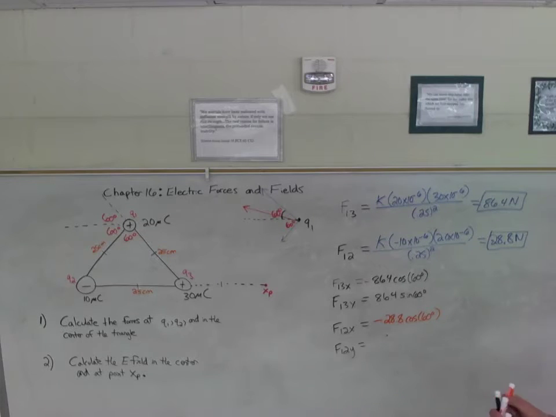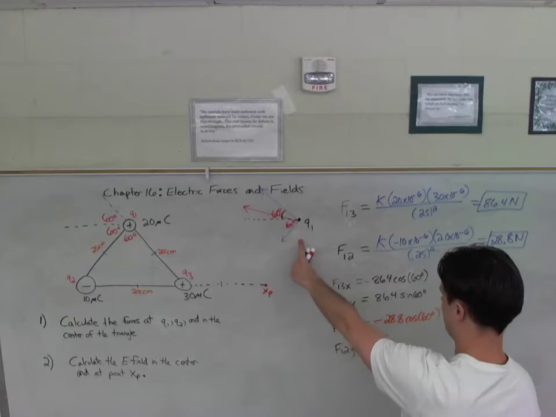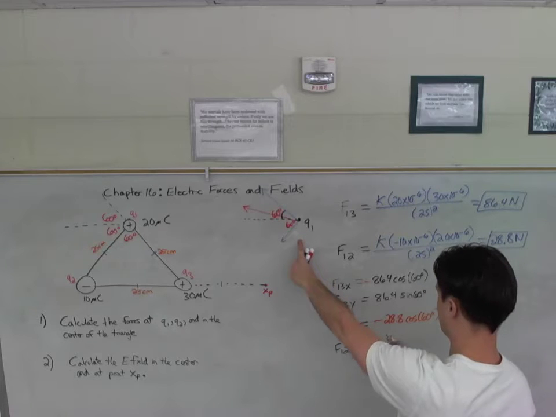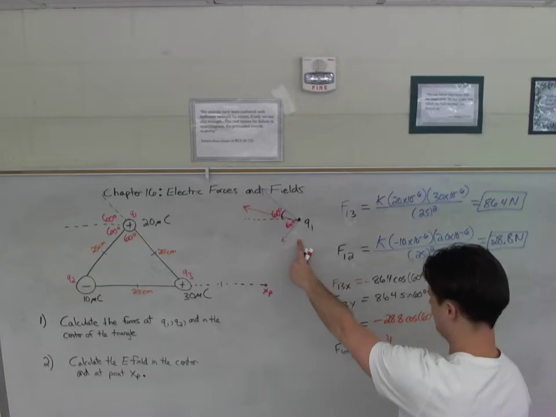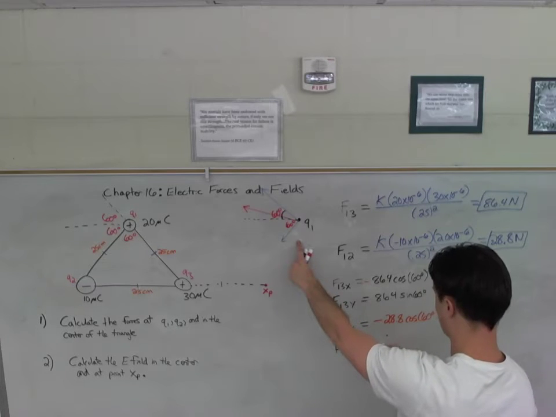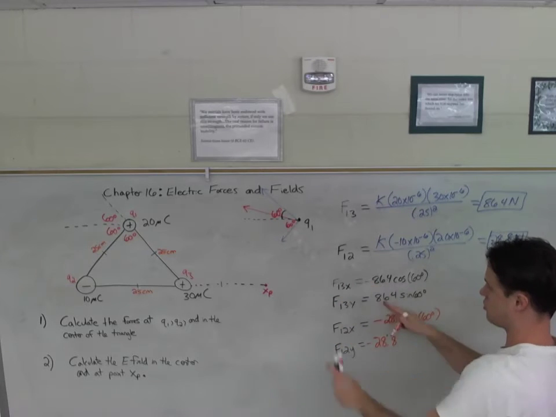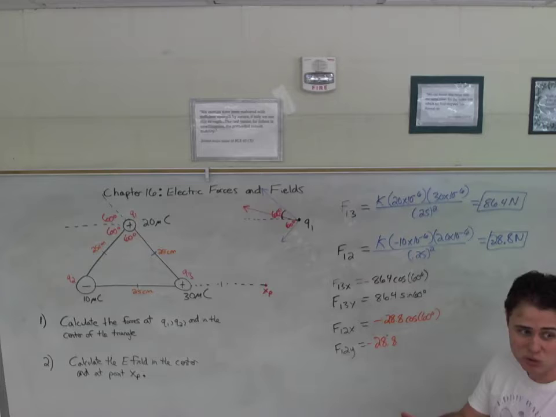Good. All right, so what about this one? Y component of this guy coming straight down, that's going to be 86.4, negative or positive? Wait, wouldn't it be 28.8? Oh, yeah, there we go, thank you. And it's definitely opposite of what this one was, right? Because they're going to try to cancel each other out a little bit.